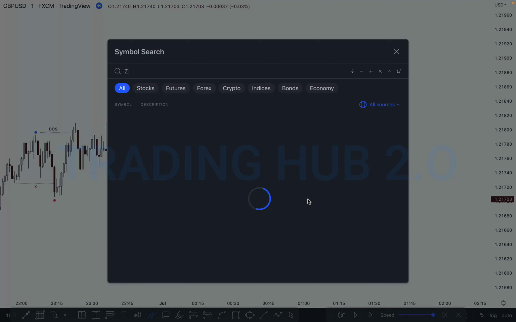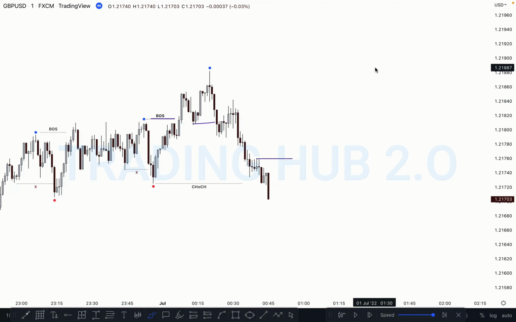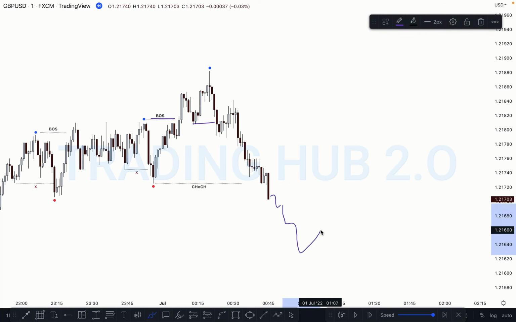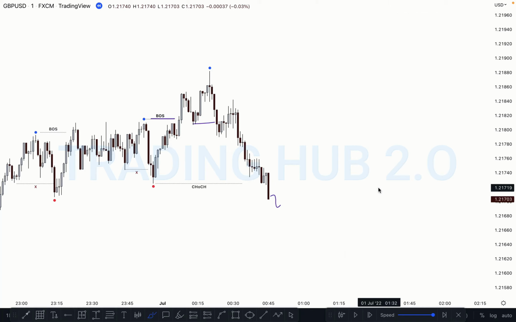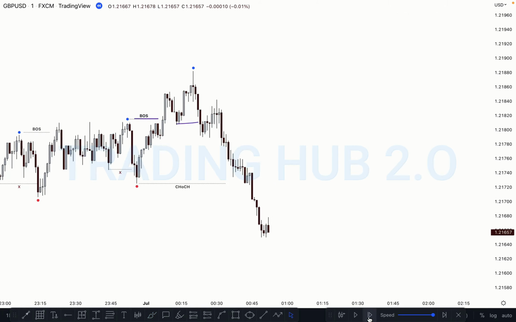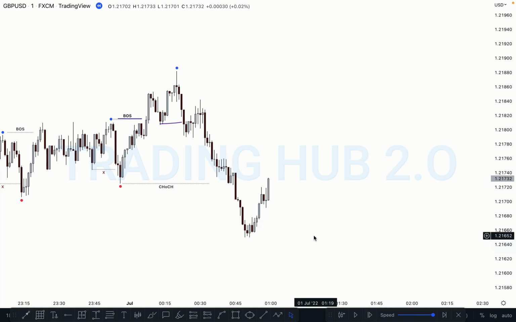Okay, so let's see. And if the market pushes more downside like this, this rule will apply the same. Okay, so let's see. The market is bearish, and some people mark in a hurry that this is a low.